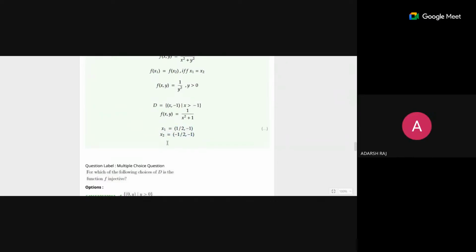If you put the value of the function at x1 and y is always -1, this value is equal to this value. This value is equal, right? It means we can find such x1 and x2 whose values are equal, which means this function is not injective.